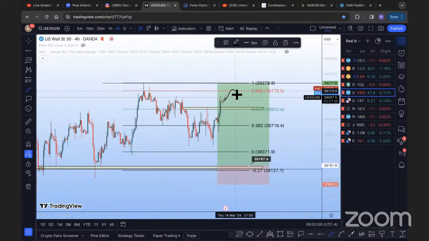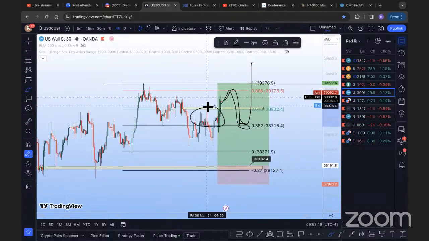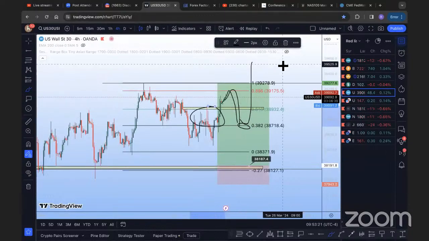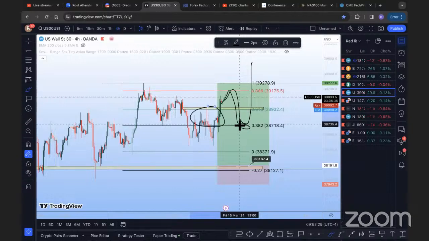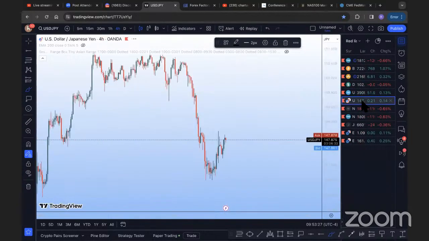I'd see this push back inside the range to about 38,718. Okay, once we grab that liquidity, ready to continue back up. That's what I would be waiting for on US 30: let it tap this 39,175, let it come back and retrace back inside this area of liquidity, and then continue back to the upside. 38,720 would be the zone to watch.